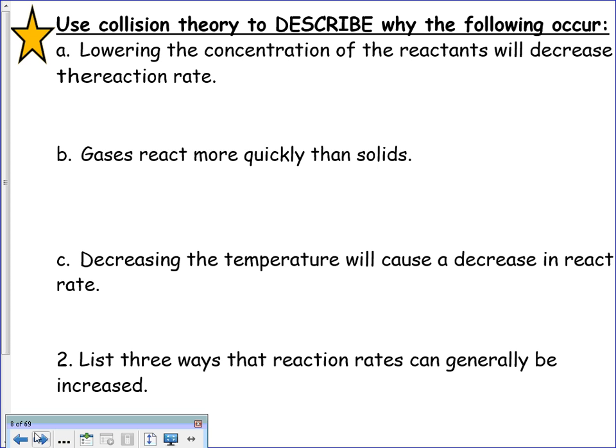Okay, this is on your paper. These are questions that help me figure out how you connect the pieces of your puzzle, okay? So take a couple minutes and start those with the person next to you. And just explain or describe in accordance with the collision theory.